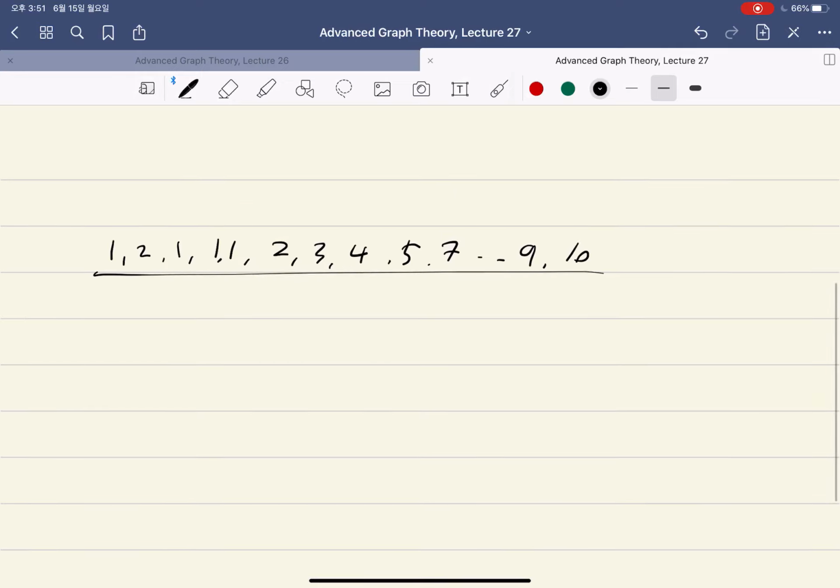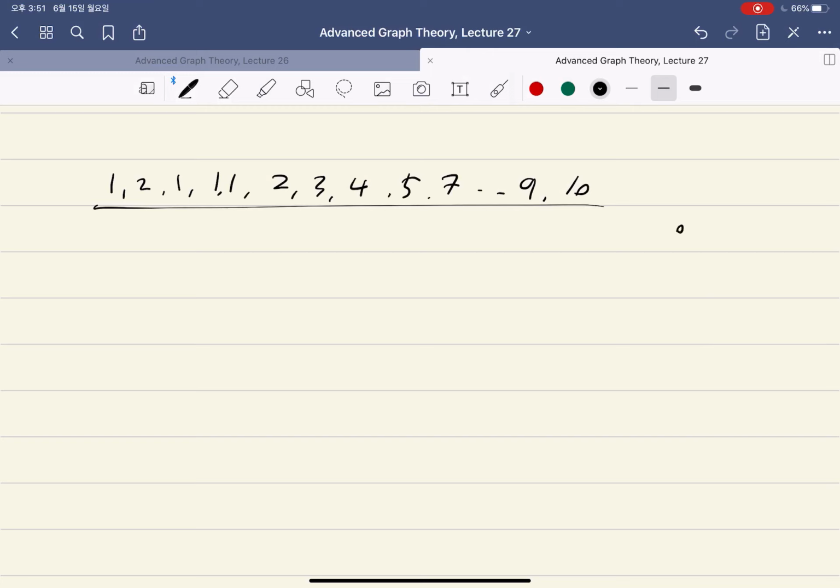Instead of a graph, which is kind of a two-dimensional object (I didn't define what it means to be two-dimensional, but bear with me), this is somehow one-dimensional. You have just numbers and nothing else.